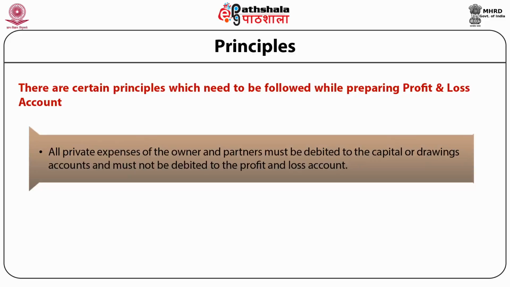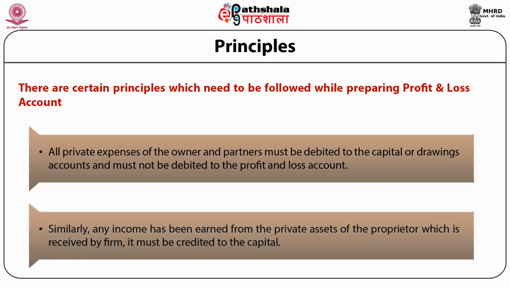These should be shown in the capital account or drawing account. Similarly, any income earned from the private asset of the proprietor which is received by the firm must be credited to the capital account and should not be disclosed in the profit and loss account of the firm.